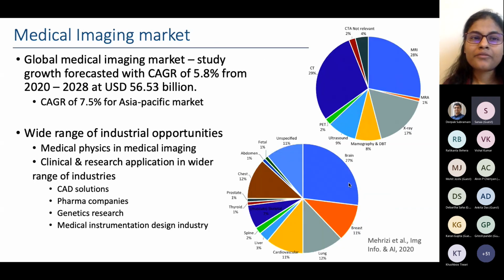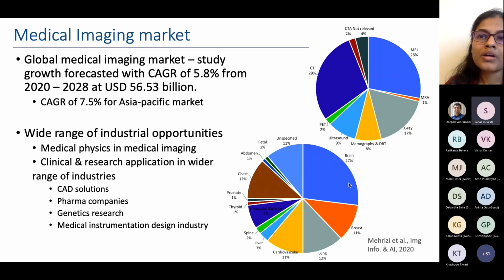So how does the market for biomedical imaging look? The global medical imaging market has been increasing steadily, and it's still expected to increase by a compound annual growth rate of 5.8% from 2020 to 2028 and is expected to be valued at around 57 billion US dollars by 2028.